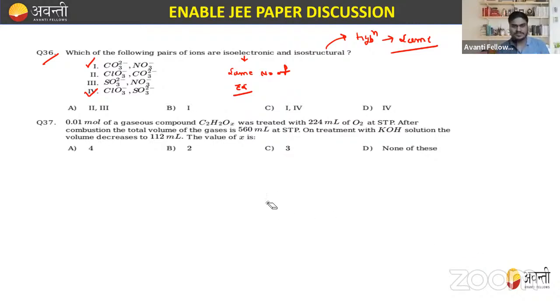Okay. So now, according to this question, 0.01 mole of a gaseous compound reacts. What is the key point here?